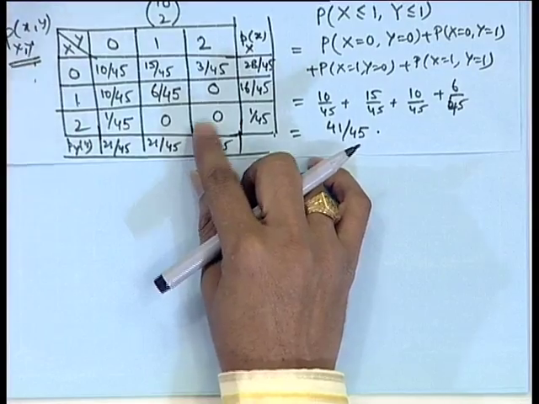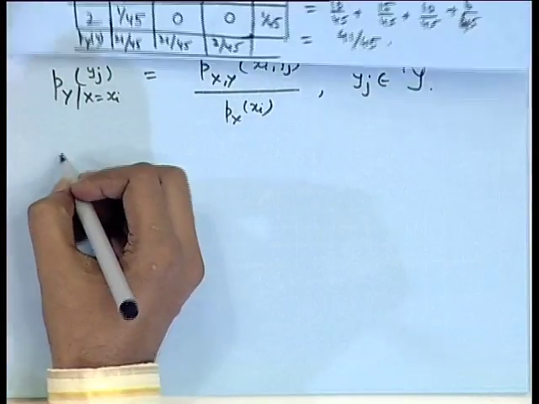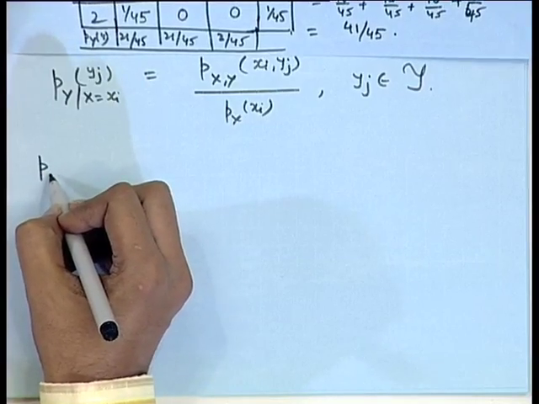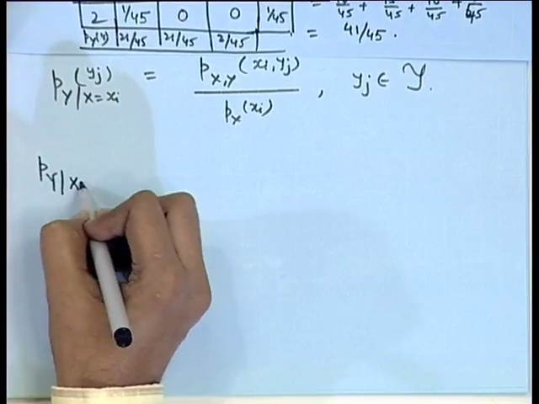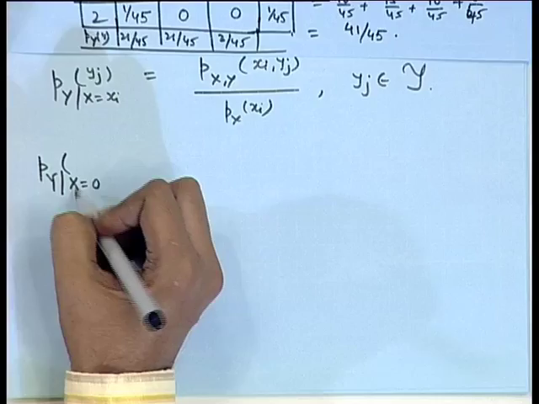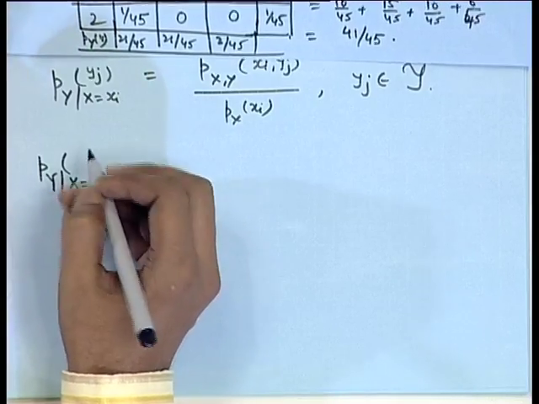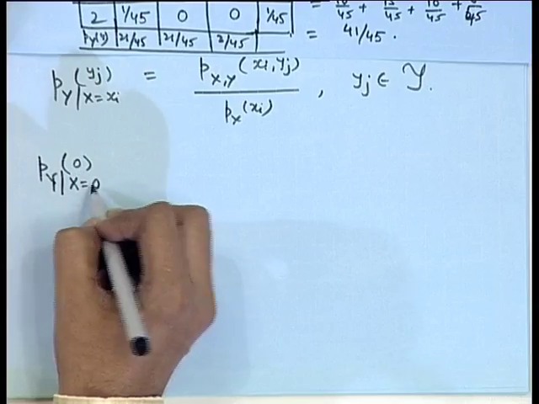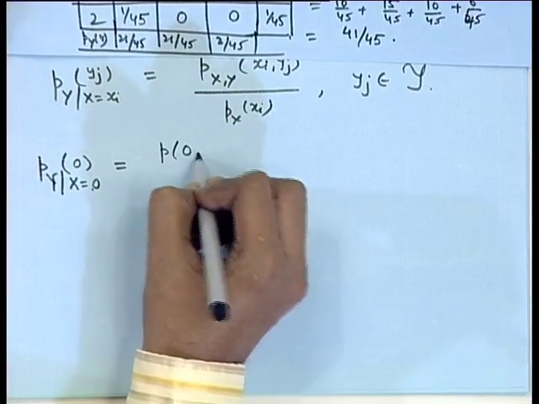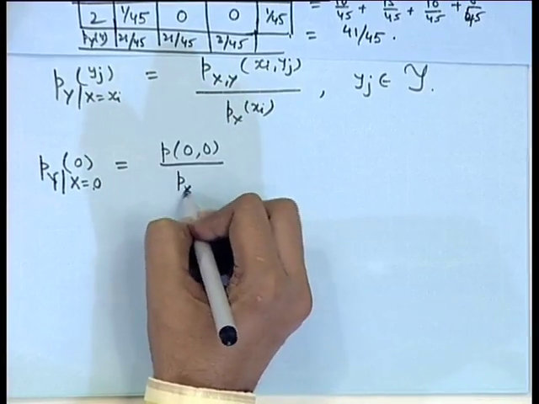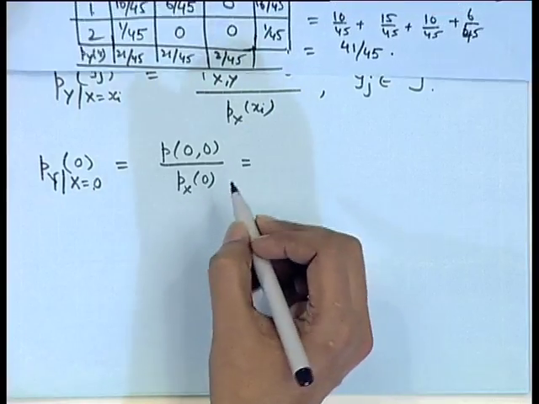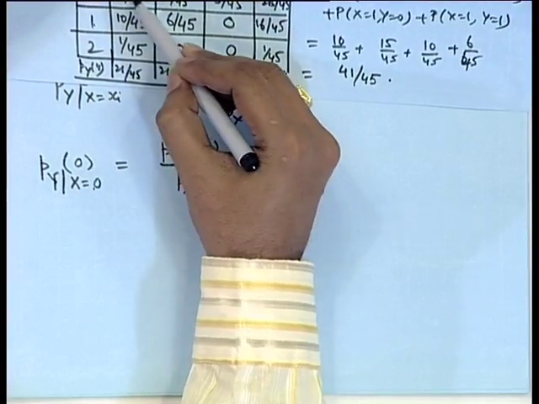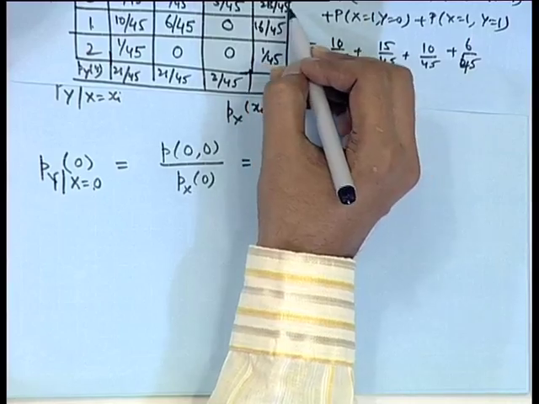So, in this given problem, let us look at the conditional distribution, say probability of y given x is equal to 0. The values of y are 0, 1 and 2. What is the probability that y is equal to 0 given x equal to 0? It is p(0,0) divided by p_x(0). Now, p(0,0) is 10 by 45 and p_x(0) is 28 by 45.